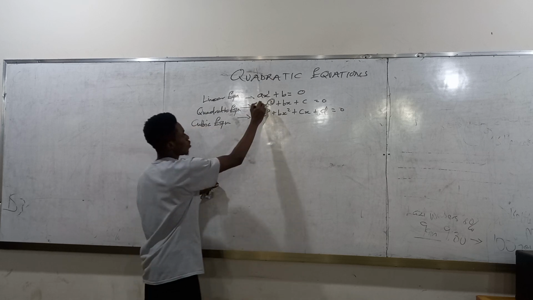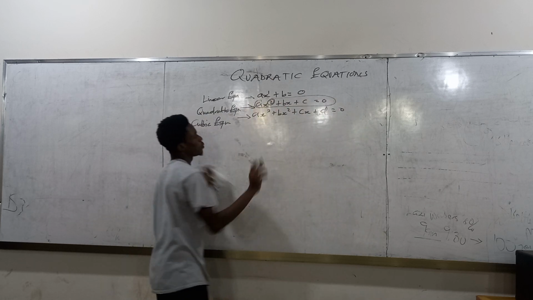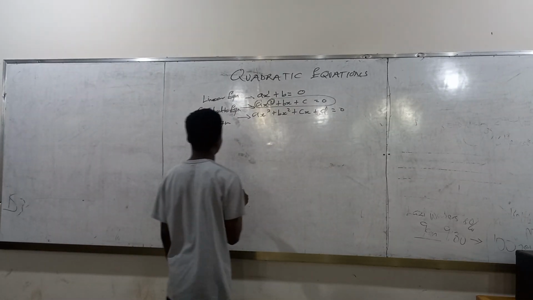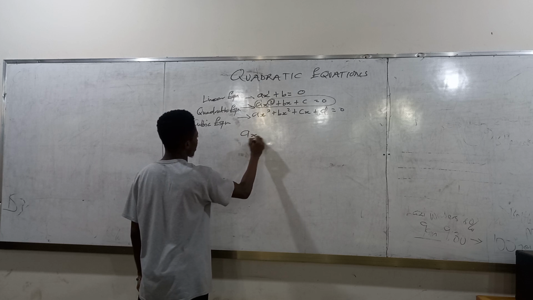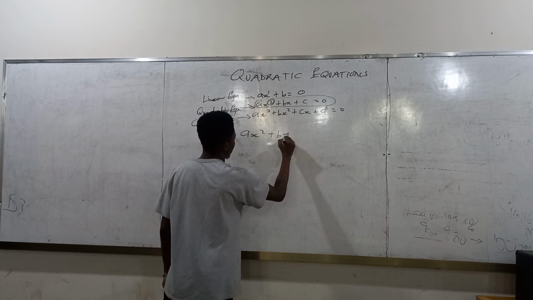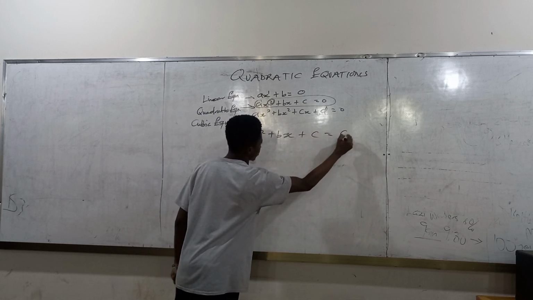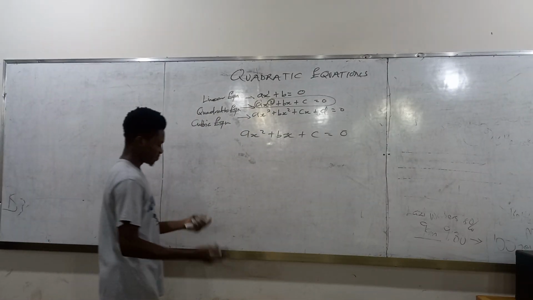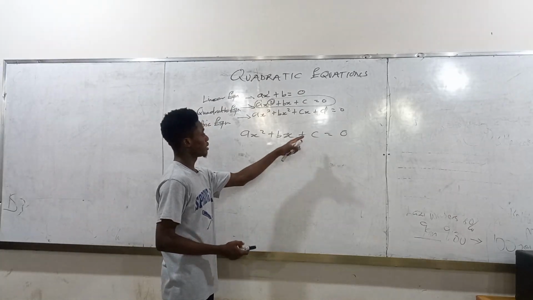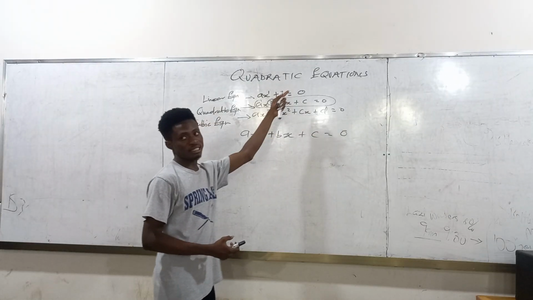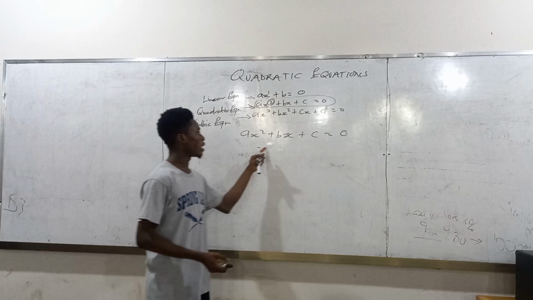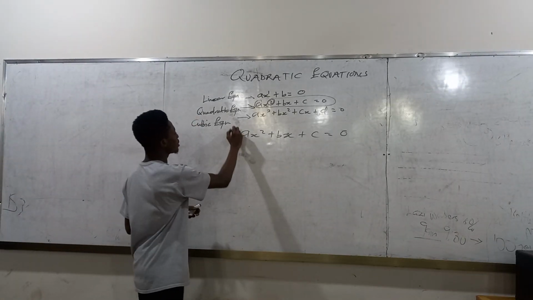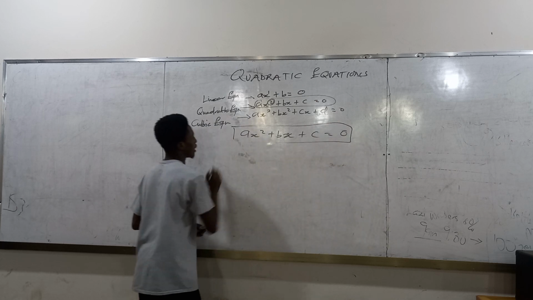But we are just focusing on the quadratic equation for the purpose of this course, which is ax squared plus bx plus c equal to 0. As I said, without the equal to sign, it is just a mathematical expression, so we can call it a quadratic expression. So this is how generally a quadratic equation looks like.